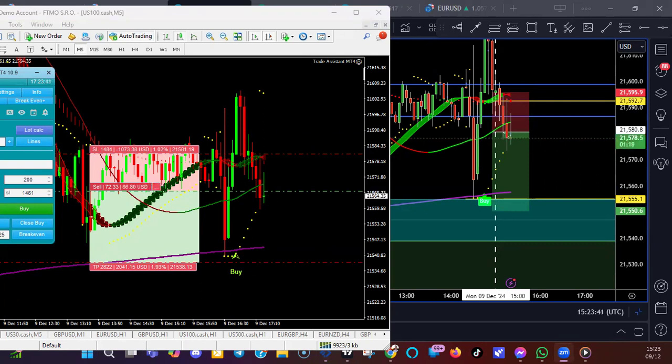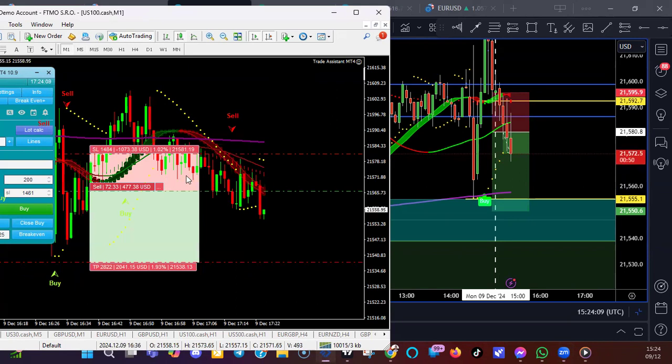Sorry about not being very clear on this. I recognize I did a lot of changing around. Sorry about that. It's just I had to double check things. I'm going to have a look at it on the 1 minute and see where the parabolic SARs are in conjunction with that.